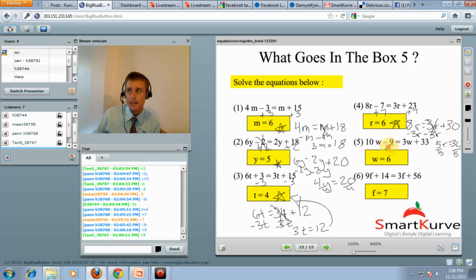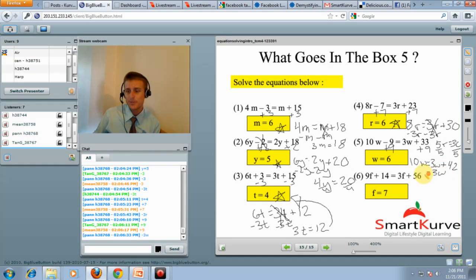Number 5, the first thing we're going to do, correct, add 9 to both sides. This gives us 10w equals 3w plus 42. What is the second thing we're going to do? Correct.